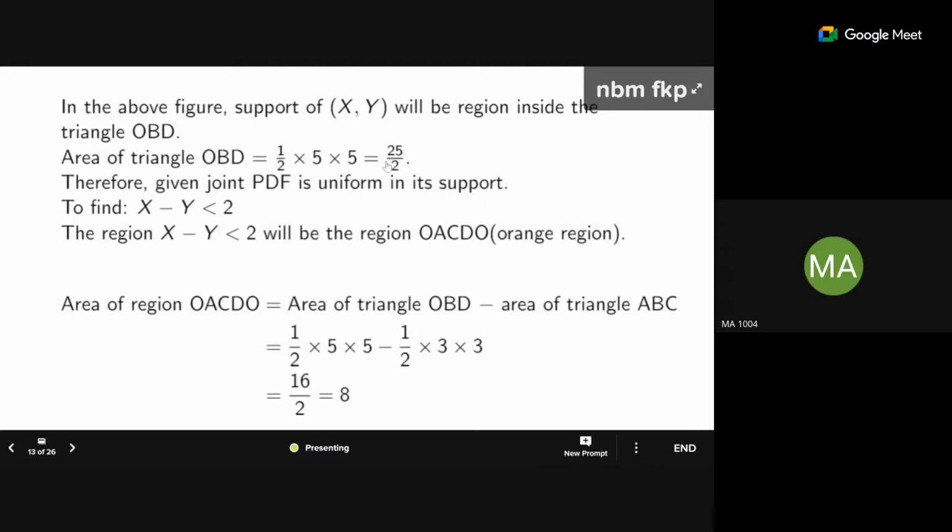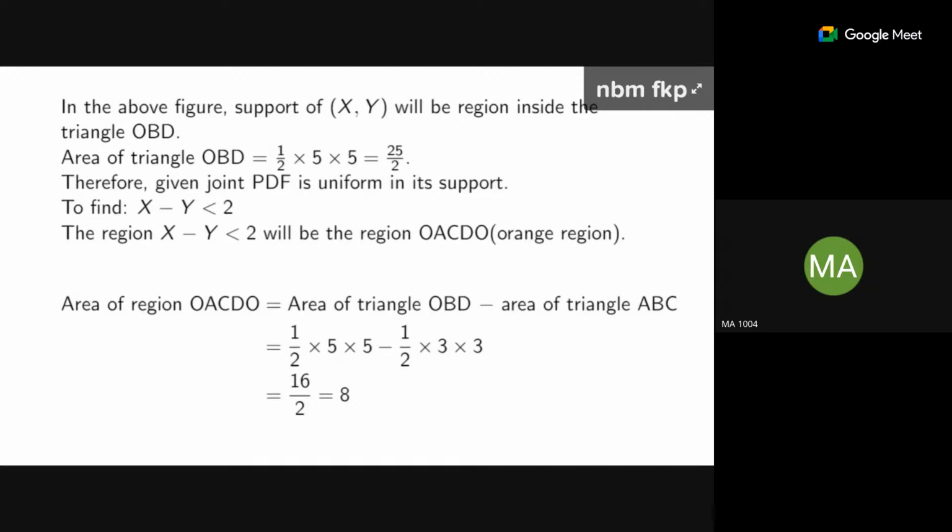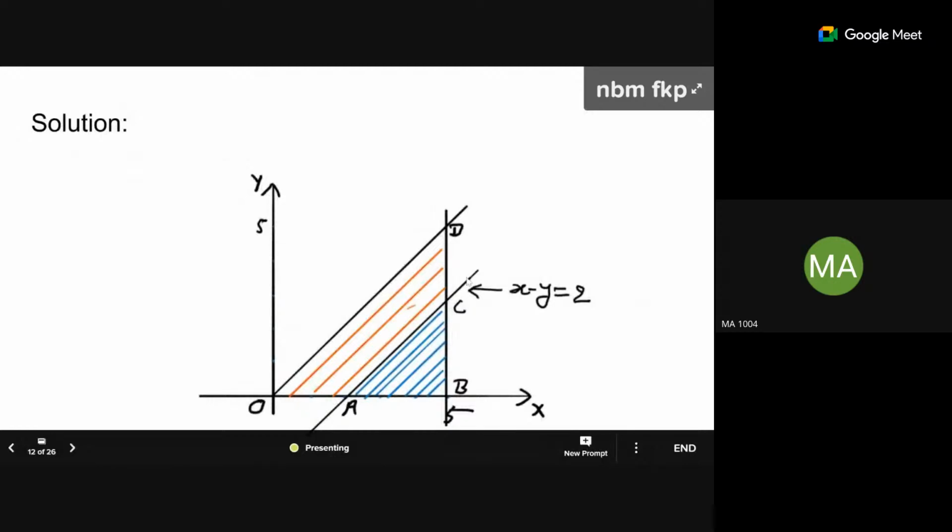Then you found out that the PDF is nothing but 1 upon the area you calculated, that is 2 by 25. So by observing your joint PDF and the area of your triangle, you got to know that your distribution is uniform. Once you know that your distribution is uniform, only in that case does this area approach work. Otherwise, are you able to see this arrow I am hovering here?